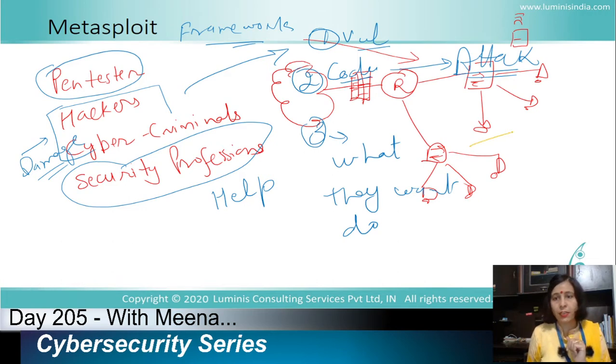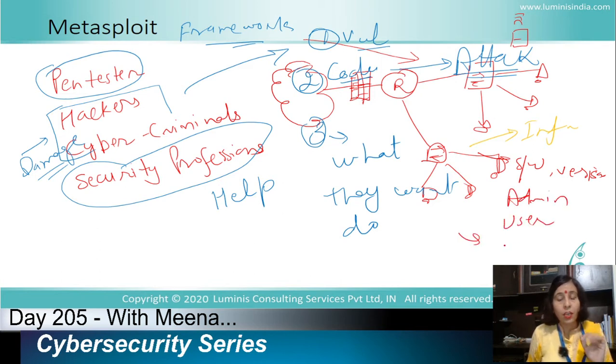They can get what types of software are installed on the machine, what the version of that is, what the administrative rights are, who the users are, and how many directories exist on that complete system or on the server.